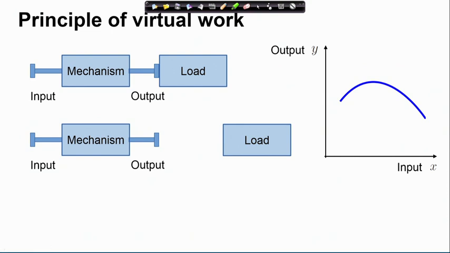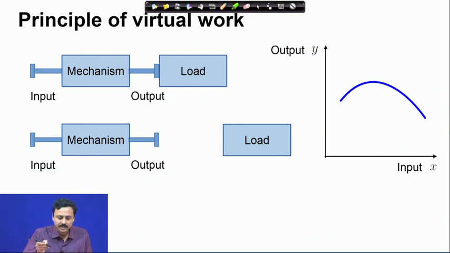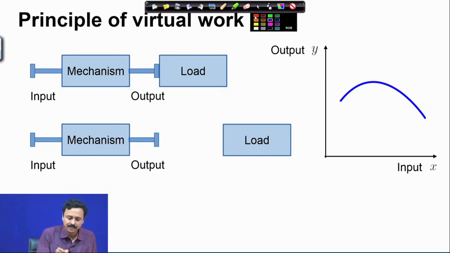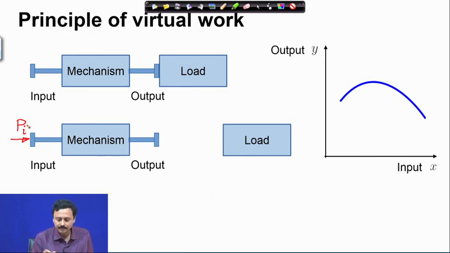So, let us look at this once again through a schematic figure as I have shown here. Here I have a mechanism, an imagined mechanism shown as a block, which has an input and an output. At the input, let us say we have applied a force P I, which is being transformed and transmitted to the load as P O, which is doing certain work on the load.